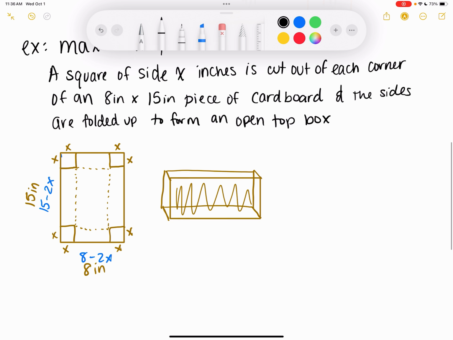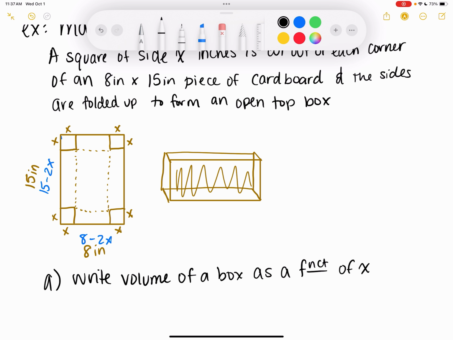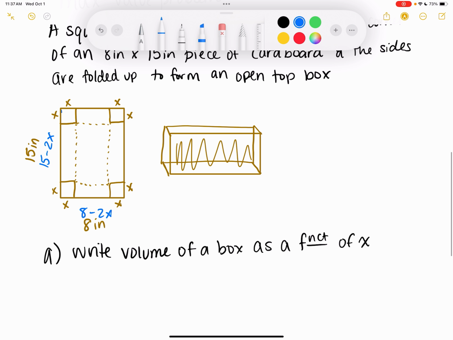All right, so part A. Write the volume of the box as a function of x. So in general, what is the formula for volume of a box?